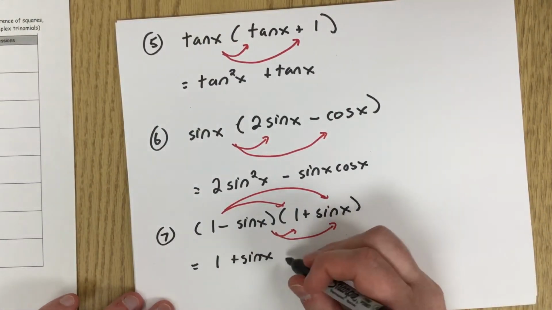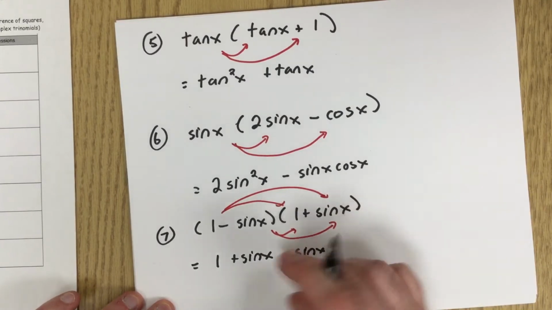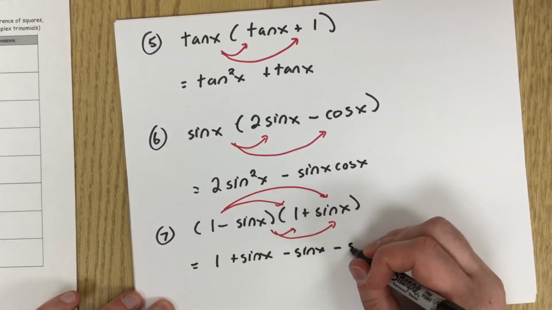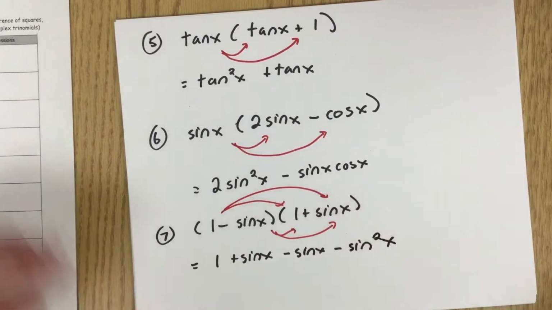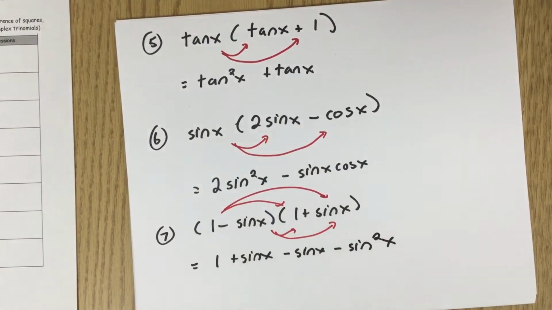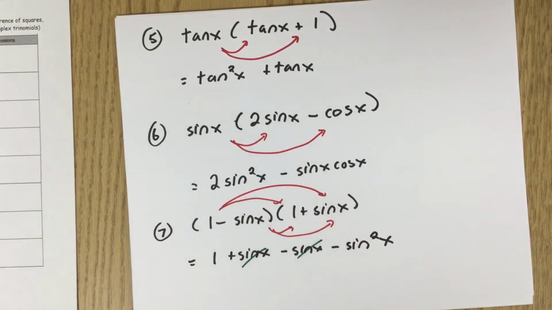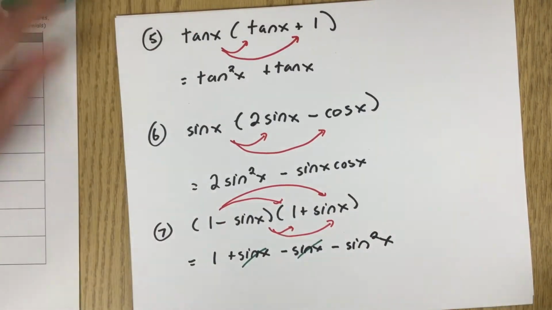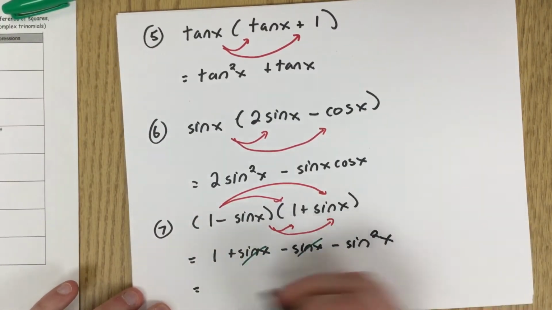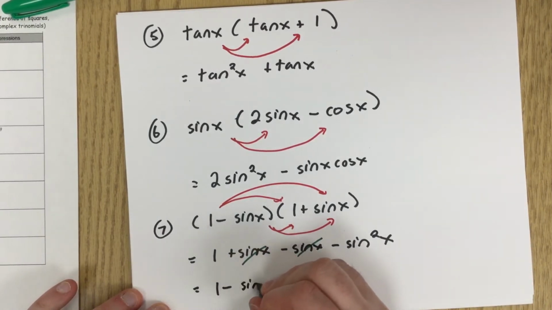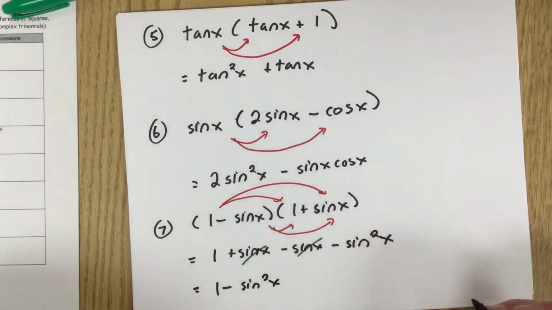So negative sine times 1 is negative sine x, and negative sine times plus sine is minus sine squared x. Here we have plus sine minus sine. Those cancel with each other. And so this would give us 1 minus sine squared x.